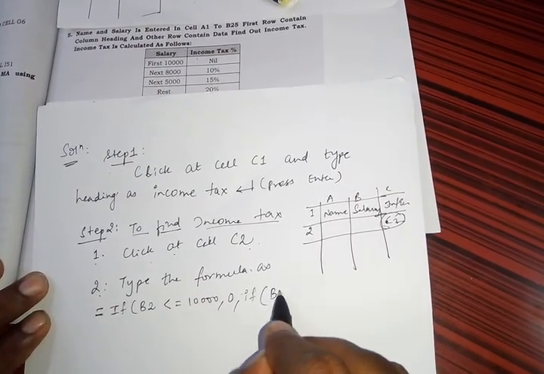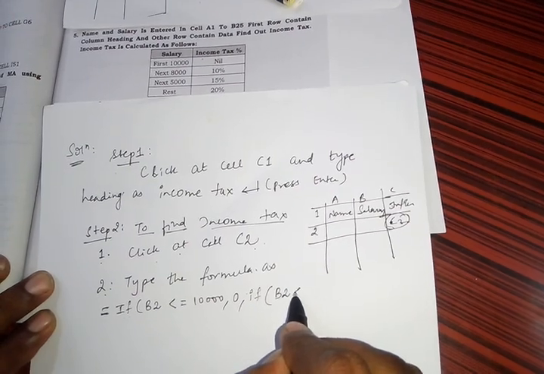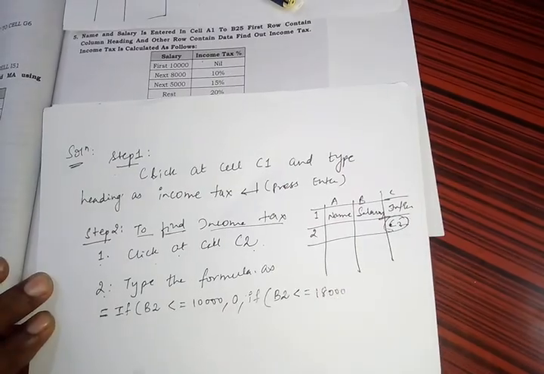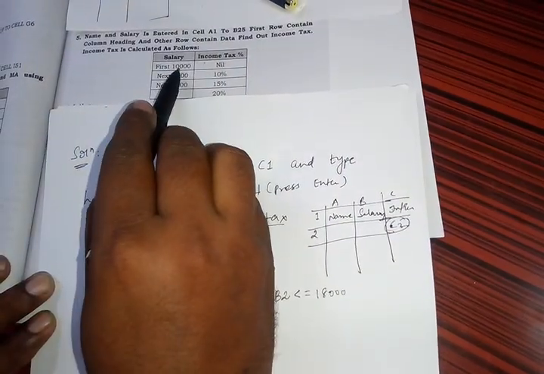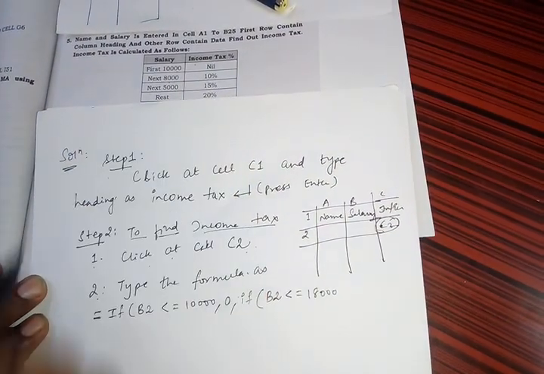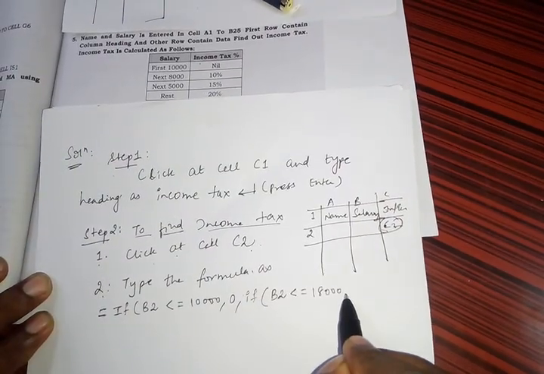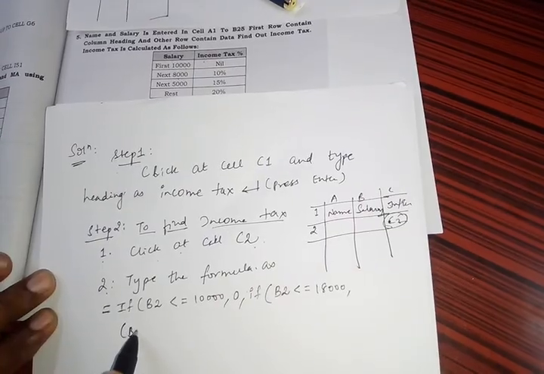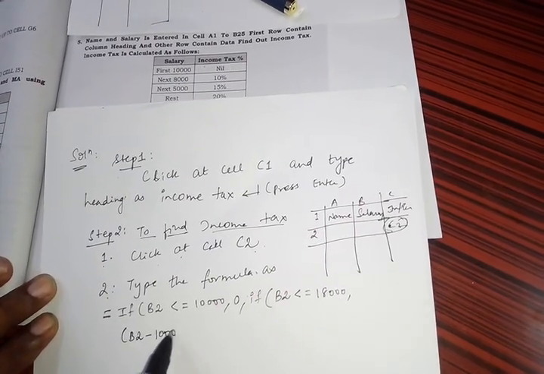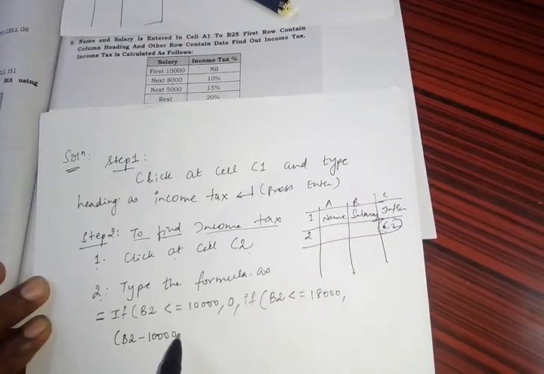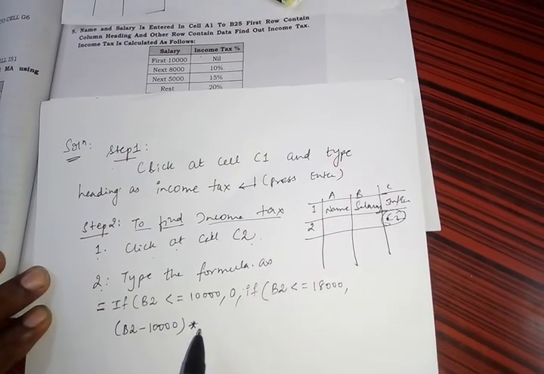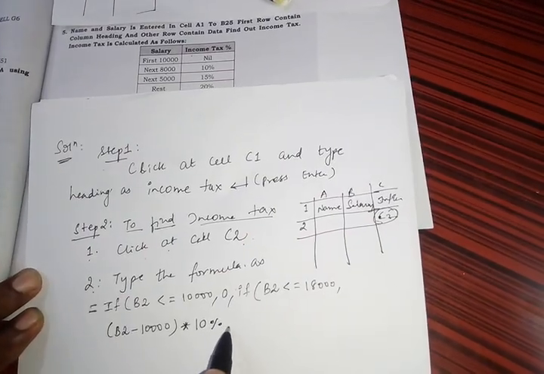If B2 is less than or equal to 18,000. See why 18,000? 10,000 plus 8,000 is 18,000. Then comma, and in the next part you write B2 minus 10,000, multiply by, write asterisk, 10%.